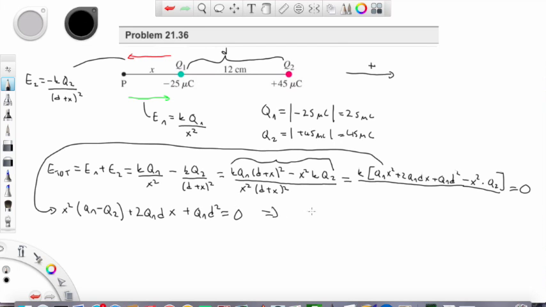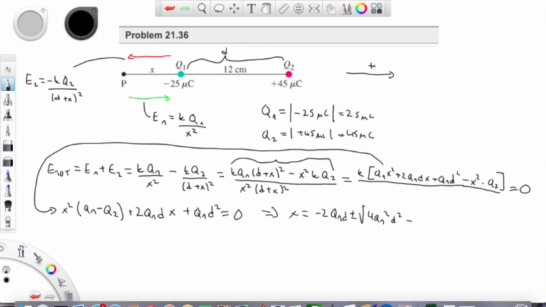So we use the quadratic formula for solving x: minus b, which is minus 2 q1 d, plus or minus the square root of b squared, so it's 4 times q1 squared times d squared, minus 4 times a c.